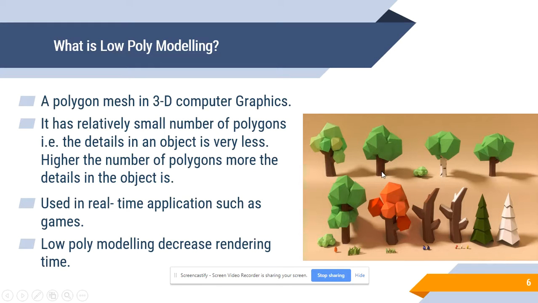The trunk of the tree is basically a cylindrical shape on top of which some triangles and some hexagonal structures are placed. Low poly divides the entire object into a set of polygons. It is used in a lot of real-time applications such as computer games. The main advantage of low poly modeling is that it decreases rendering time.